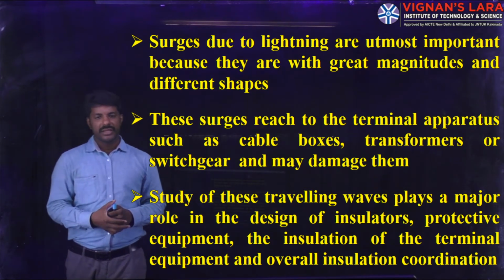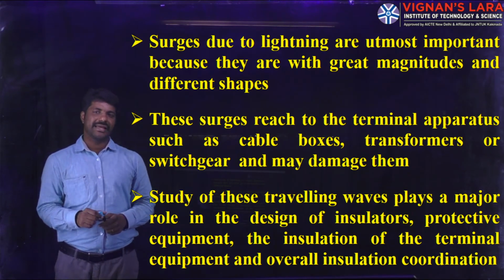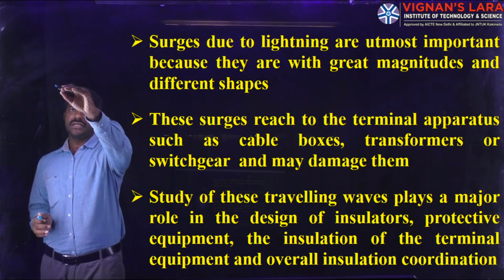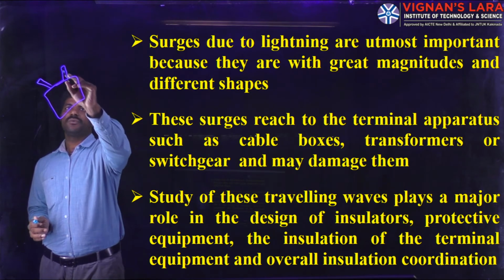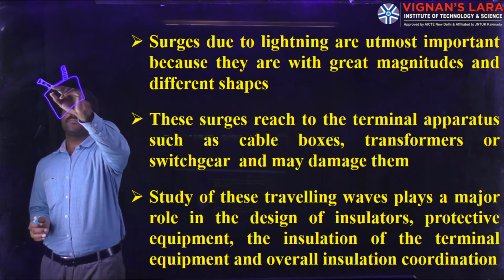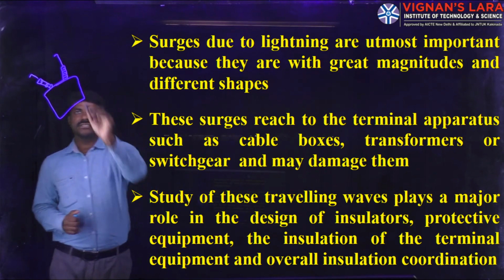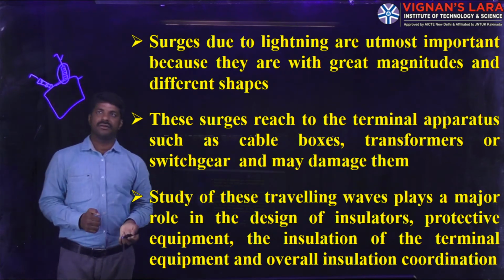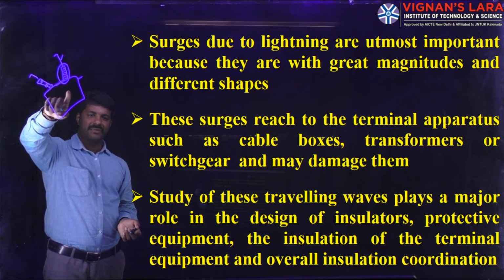And also some equipment are terminated with some insulation, like if you see in real time the transformers, if you check it out, like this, if it is a transformer, these will be the bushings which are made up of porcelain, and the inputs are given here. So this is an insulating material which isolates this conductor and the tank of the transformer. So this is the insulating or isolating equipment which isolates the conductor and transformer tank.